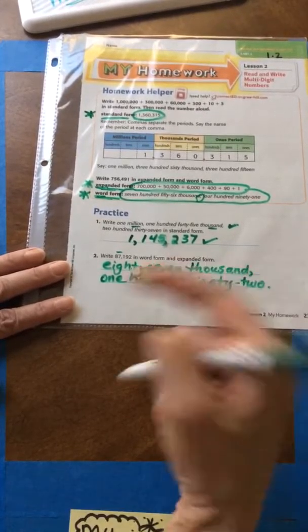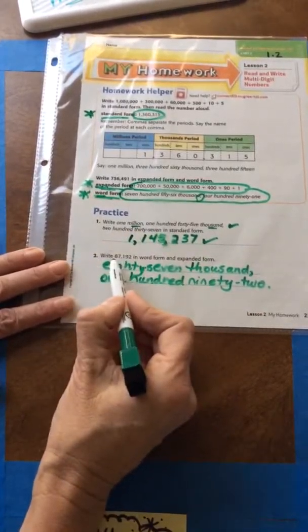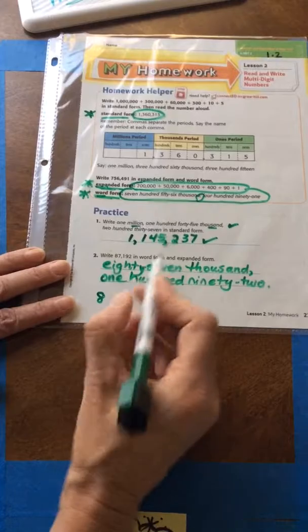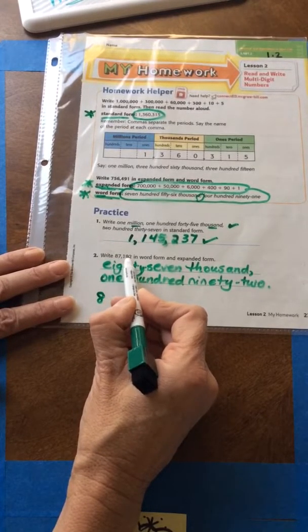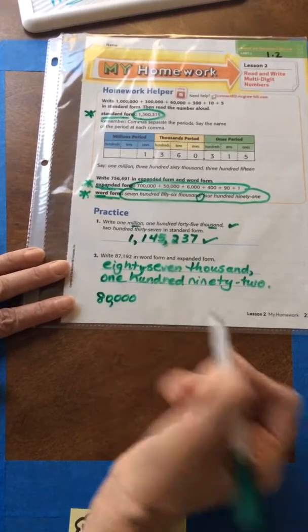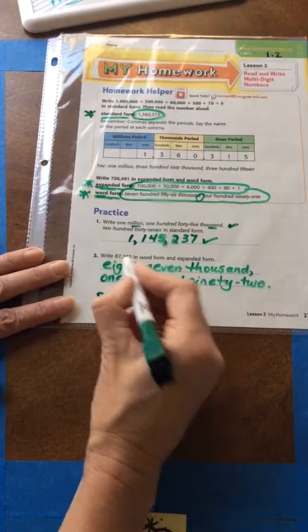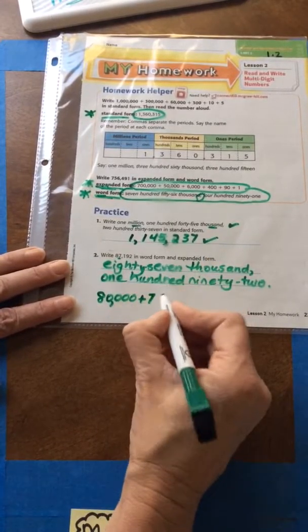Okay, and now it wants me to do it in expanded form. So if I look here, this 8, and what you can do is count the spaces. So how many spaces are after the 8? 1, 2, 3, 4, and then put in your comma. Plus, now we have a 7. How many zeros would be behind it? 3.